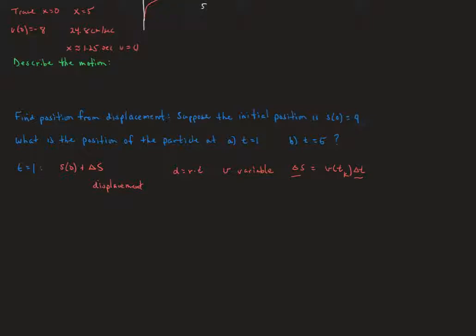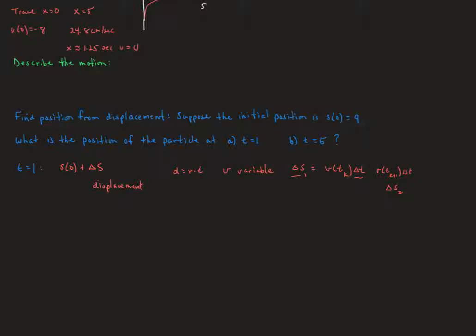And then we could increment that a little bit and then get the velocity at a little bit bigger time and multiply it times a little delta t, and that would give us maybe our next little change in position. So it's this idea of thinking about what's happening on that micro level, where we can describe what's happening on that level.